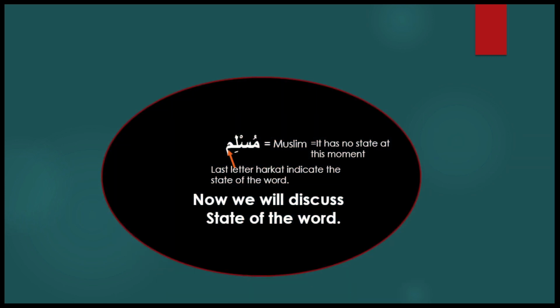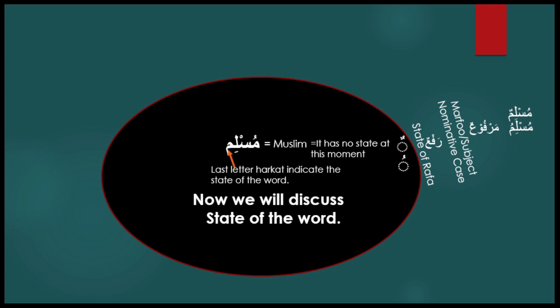But this word Muslim, the last letter mim, can take dhamma or double dhamma. If it does, it is called a state of rafa, and the word itself is called marfu, subject, and the case is the nominative case, like Muslimun or Muslimu.